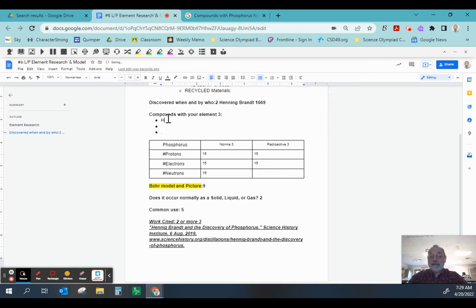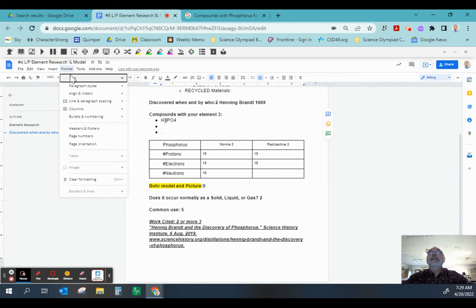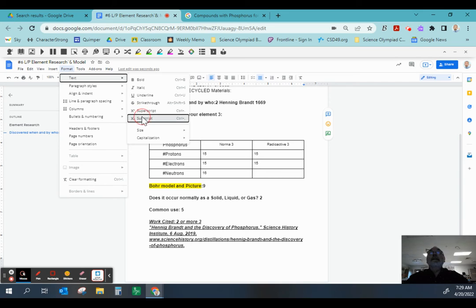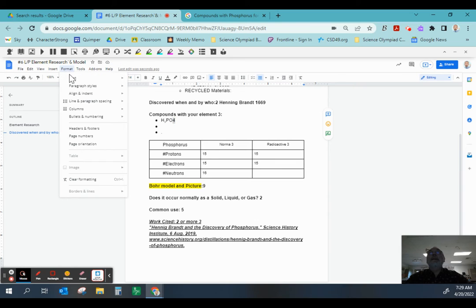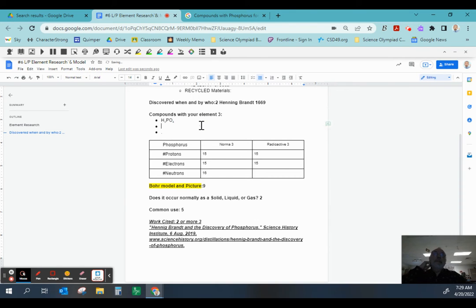H3PO4. You highlight the 3, you go up here to format, text, subscript. Then the 4, format, text, subscript. So now that would be one compound. You'd find two more of those.